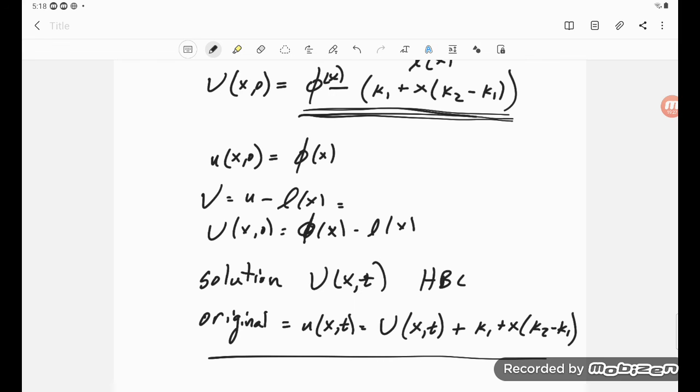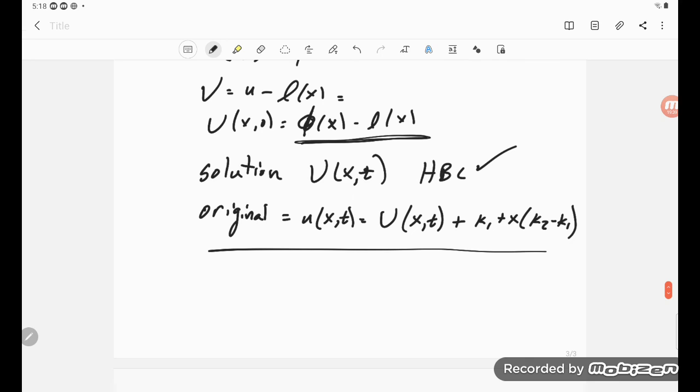That's the solution. So if we can already solve this one, we just go ahead and solve that one for that initial condition, and then once we have it, we add this back in, and we have our solution.